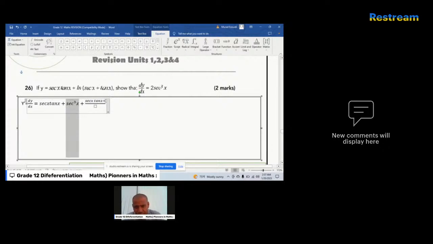They are all divided by sec x plus tangent x.